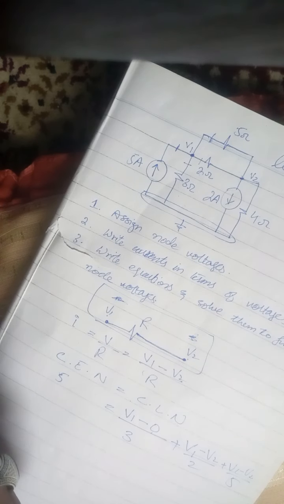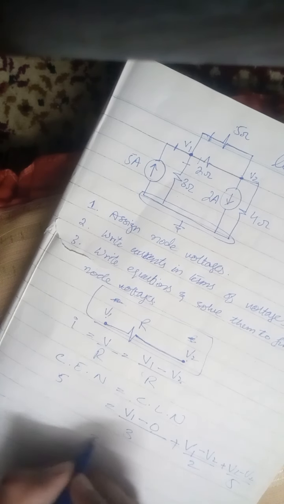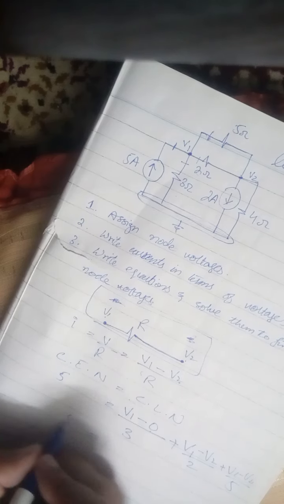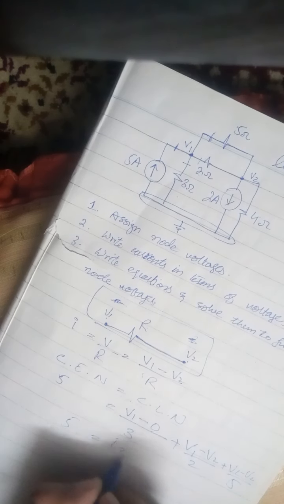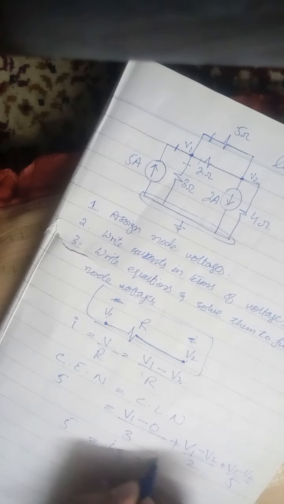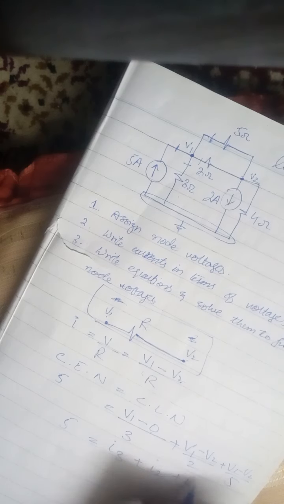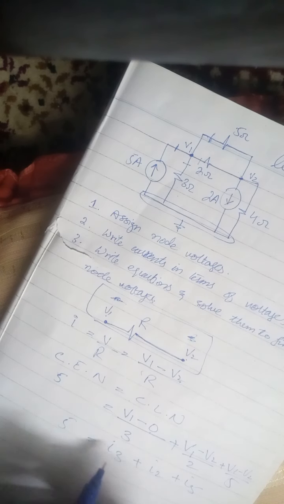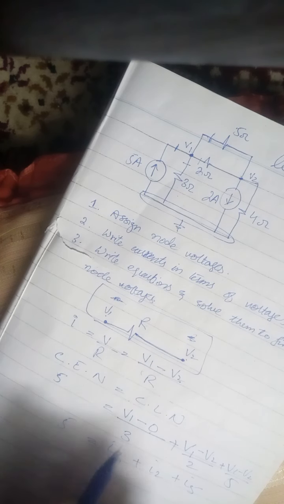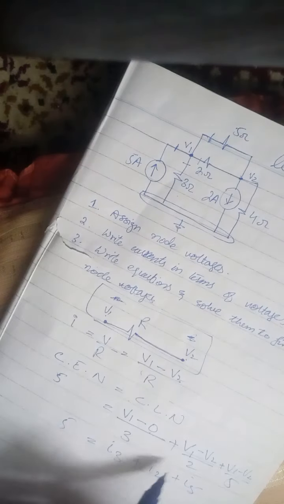So these were the three currents associated with node 1, या जनरली इनको हम ऐसे कह सकते हैं 5 equals i3 plus i2 plus i5. i3 current through 3 ohm resistor, i2 current through 2 ohm resistor, i5 current through 5 ohm resistor.